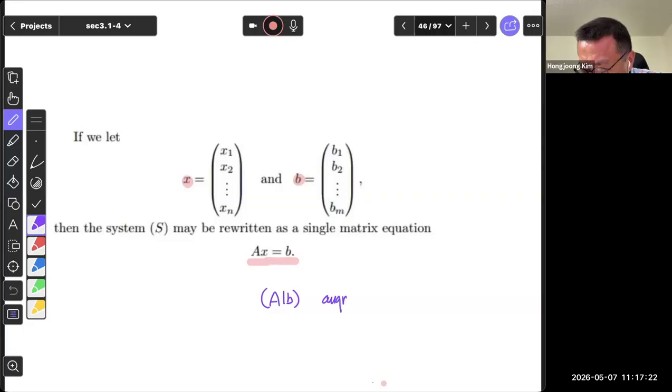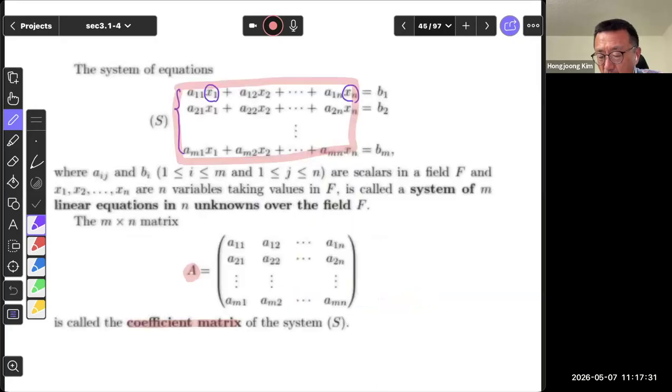And if the coefficient matrix is m by n, then that means you have n unknowns and m equations.